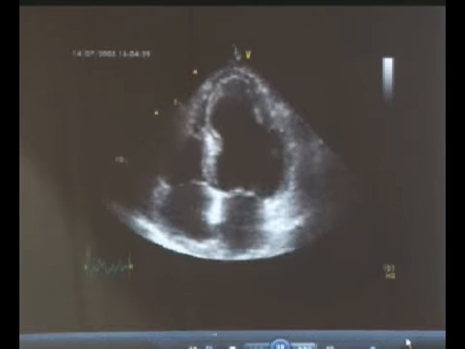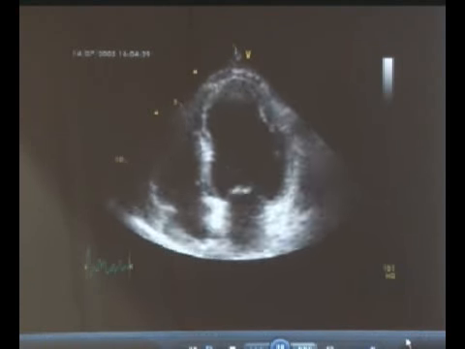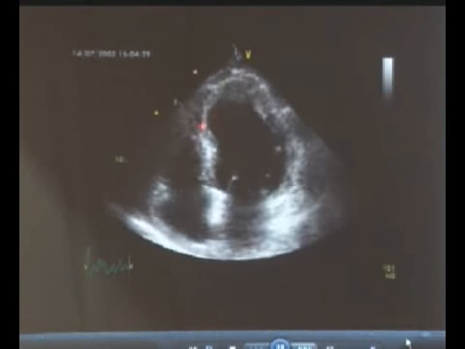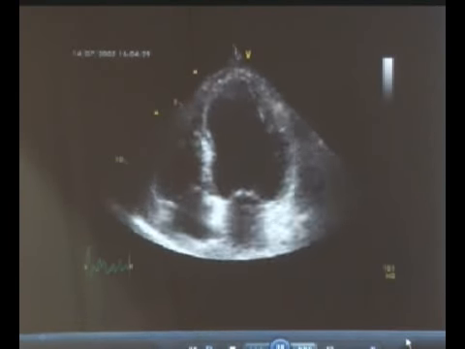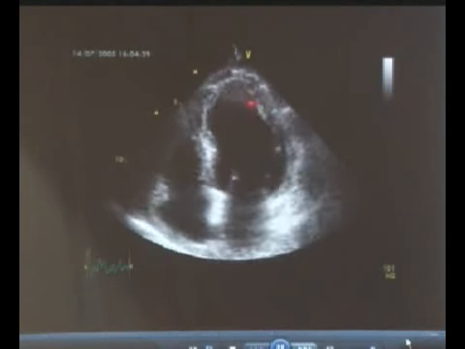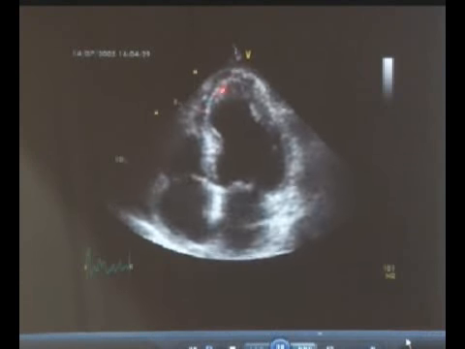I will show you one example. What do you mean by akinetic? It appears to be thickening, but thickening is less as compared to this segment and this segment. Now compare this segment versus this segment. Compare segment by segment.